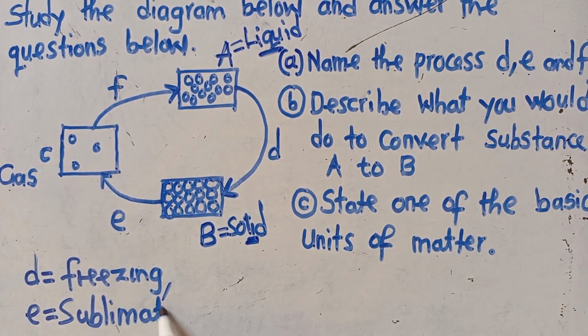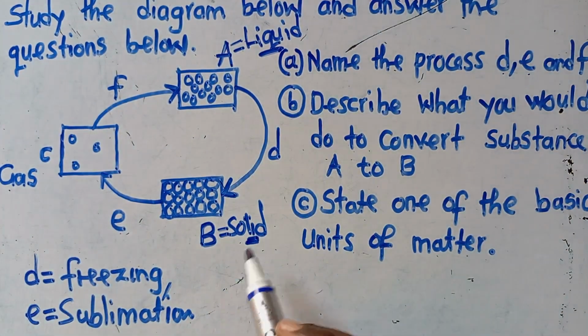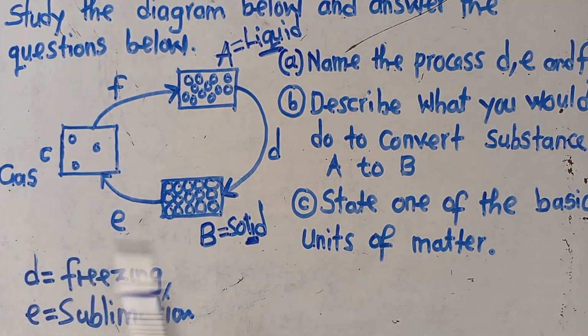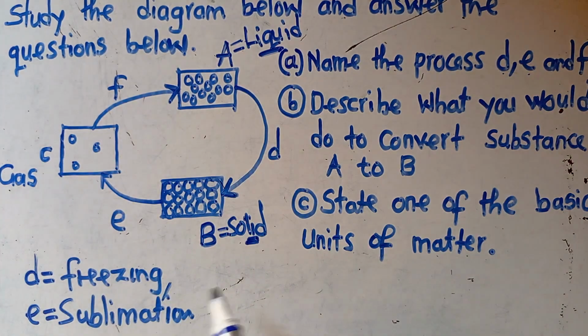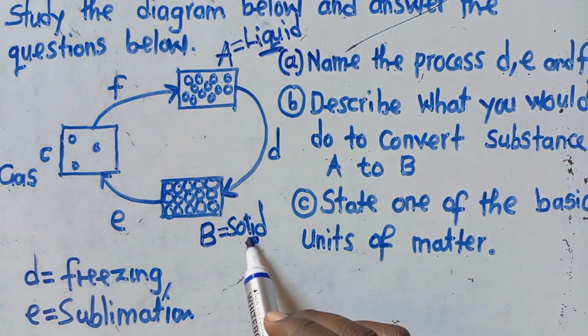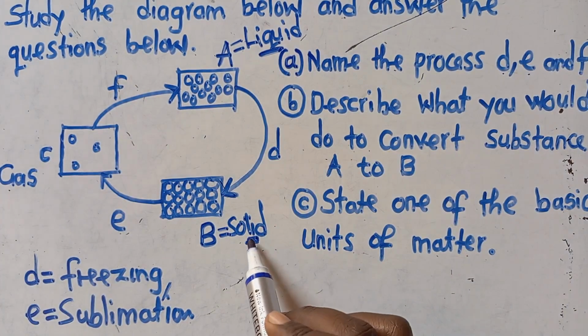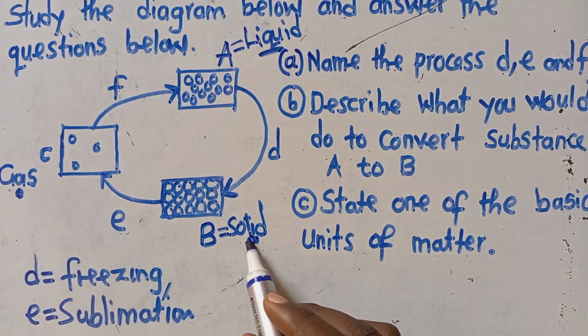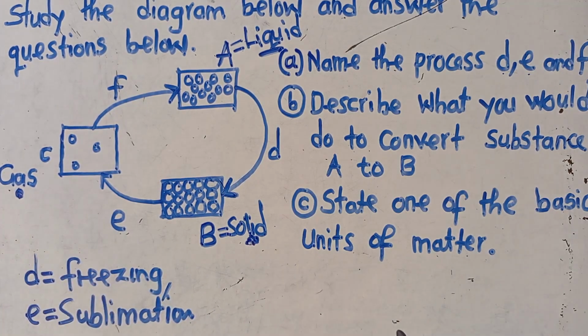Because it is a direct change from a solid to a gas, or gas to solid. Both processes are sublimation, because there is a direct change of a solid to a gas, or a gas changing to a solid. That is what you are supposed to know and understand.